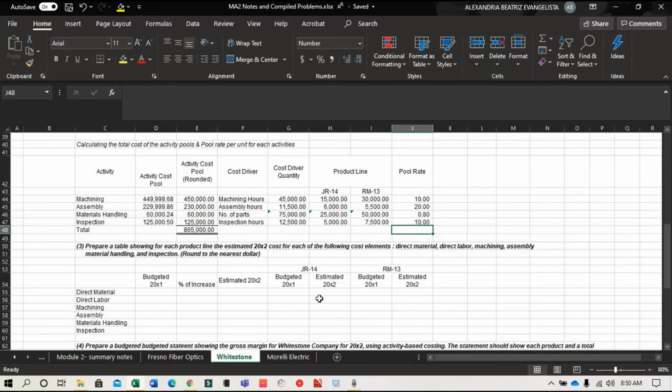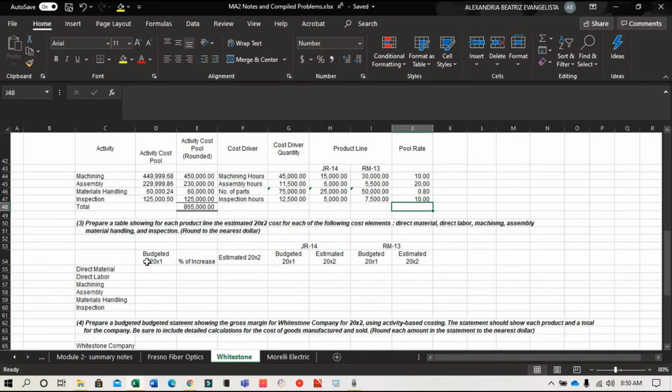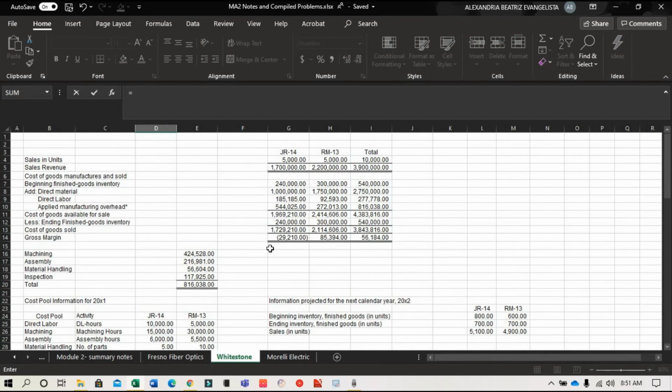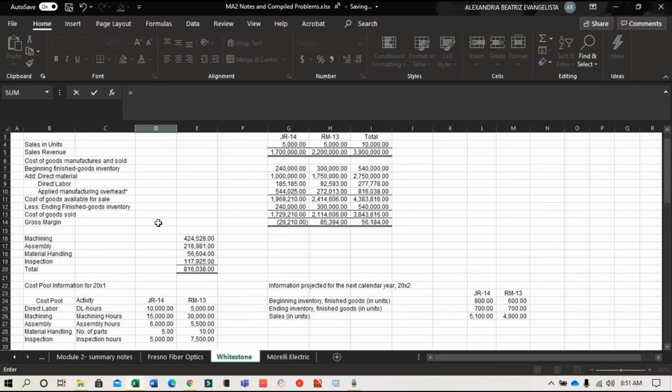So first, let us get the budgeted amounts in 20x1. For direct material, that is 1 million for JR14 and 1,750,000 for RM13. For direct labor, that is 185,185 for JR14 plus 92,593 for RM13.